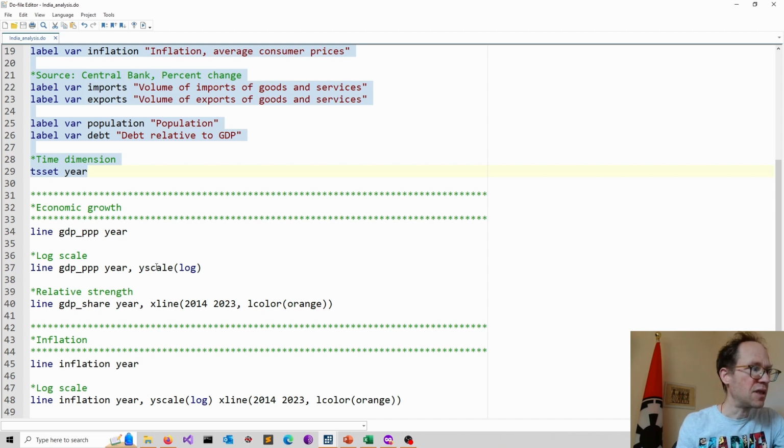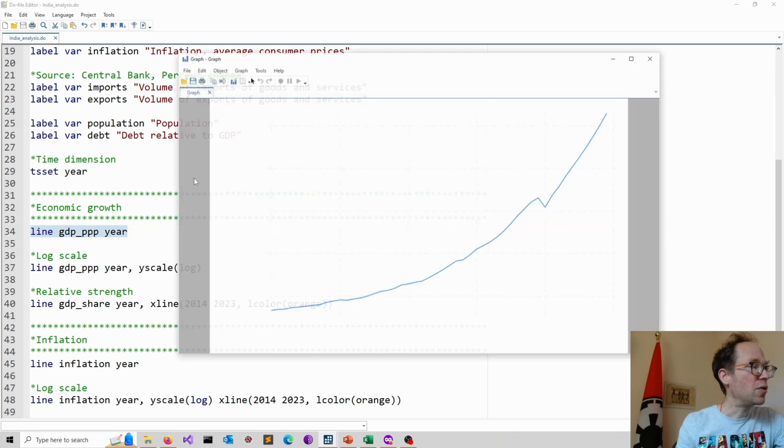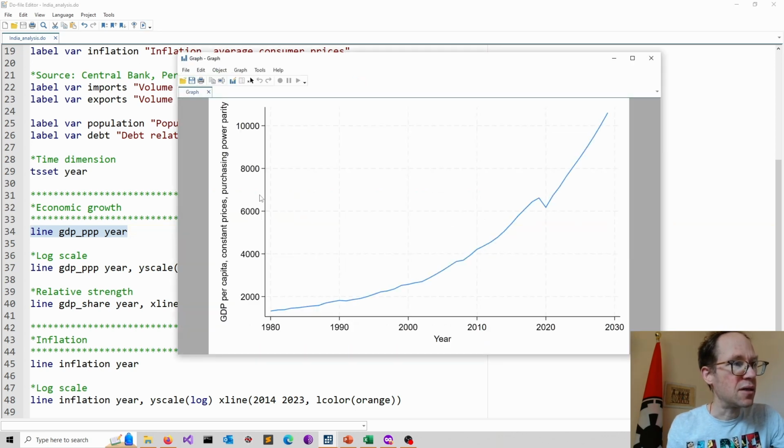So just start with a very simple line chart looking at GDP per capita in purchasing power parity over time. Now, usually with GDP data, you would expect a similar pattern. You tend to get what you call exponential growth.